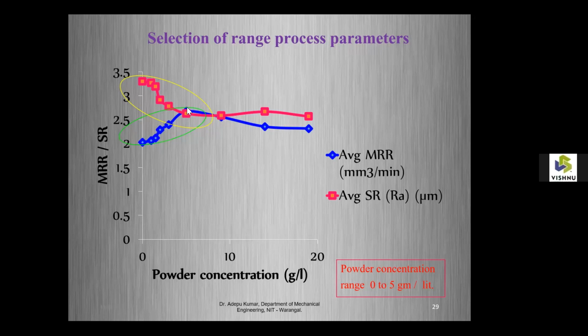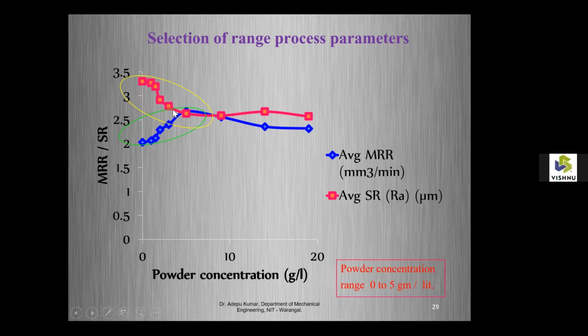If you go for an unconventional machining process, this is a somewhat different mechanism. Here metal removal is increasing and the surface finish is also improving. That means surface roughness is decreasing. It is a big advantage to the manufacturer. Both performance characteristics are improved.